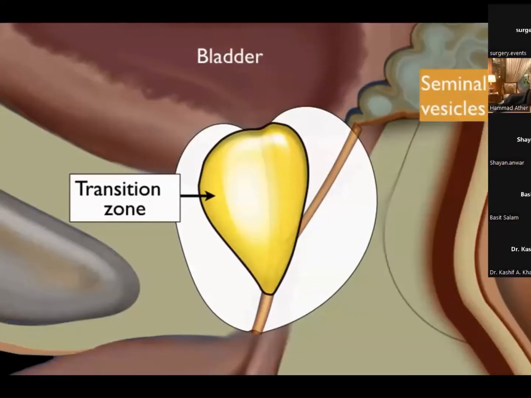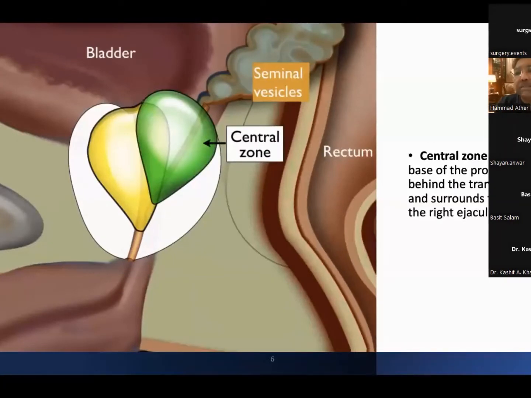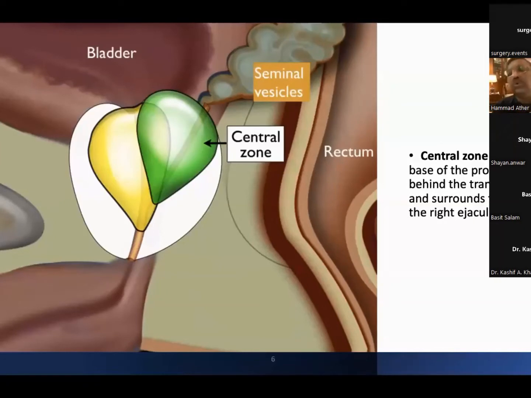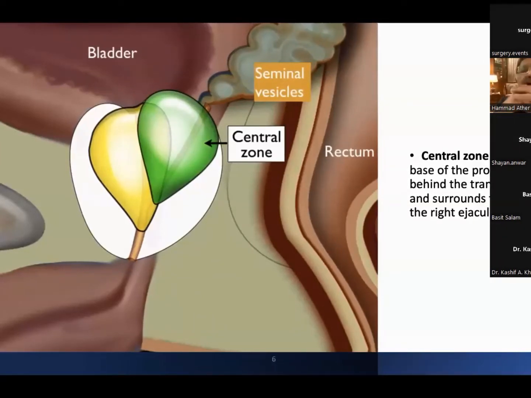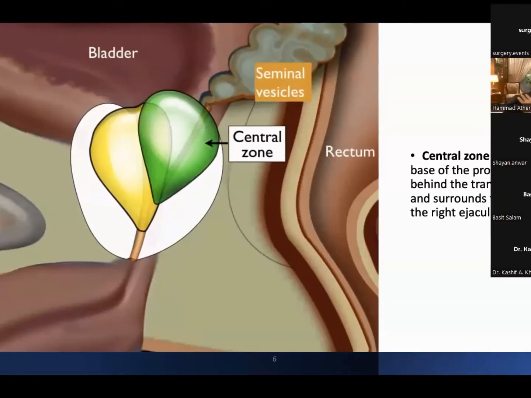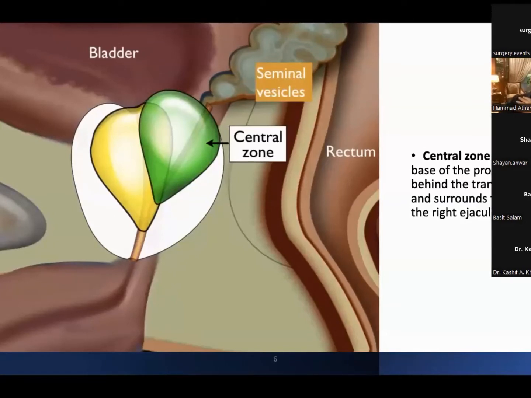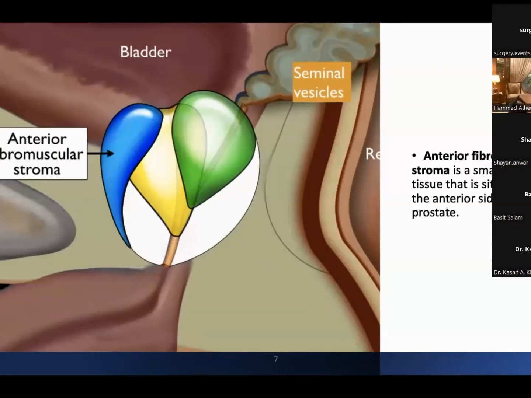The central zone is the peri-ejaculatory zone. So it has two components, the two ejaculatory ducts on either side, and it is around those ejaculatory ducts that the central zone, which is predominantly anterior, and this is where your central zone is.